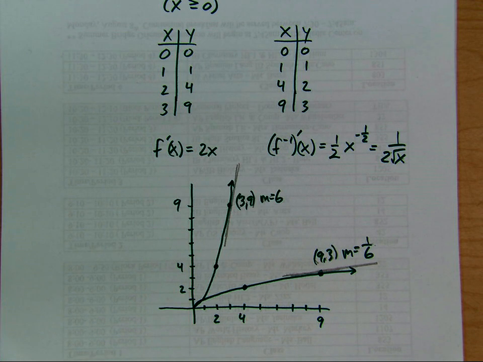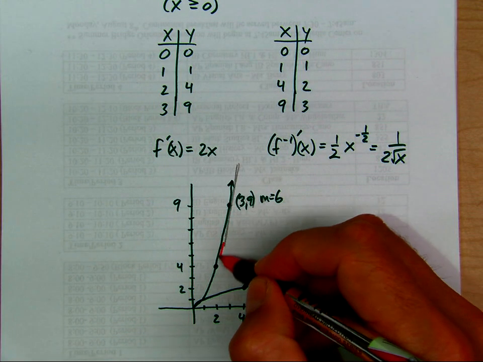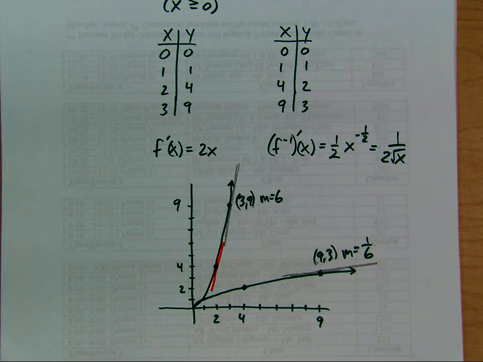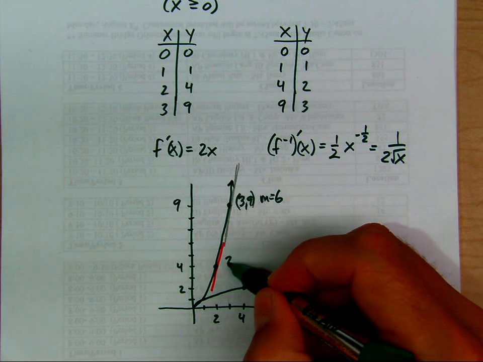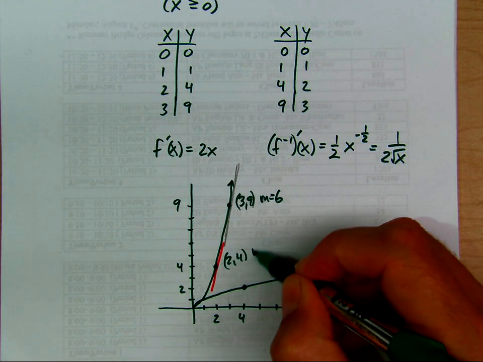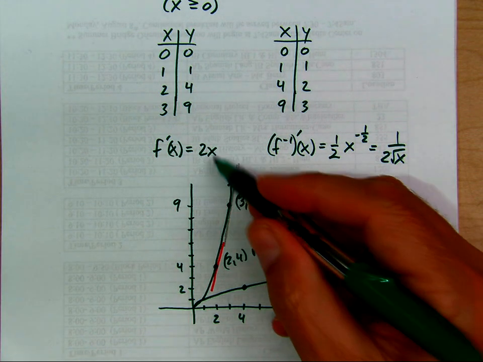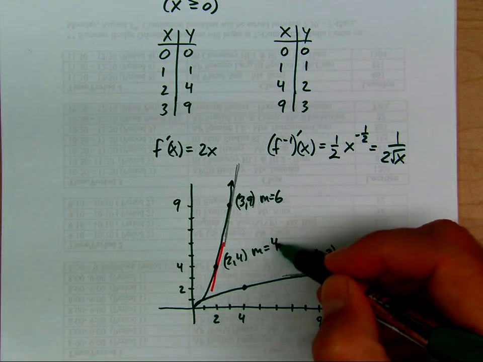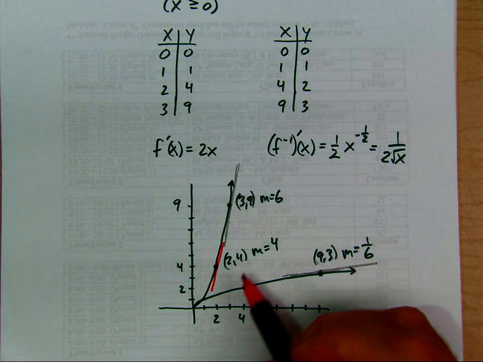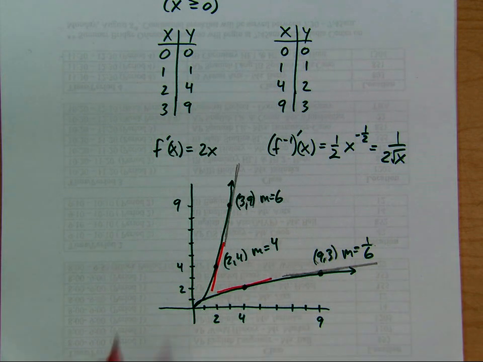Let's just see if that continues. And here we have a tangent line at (2, 4). And it does have a slope of 2 times 2, which is 4. The slope is 4. And let's look at this tangent line.